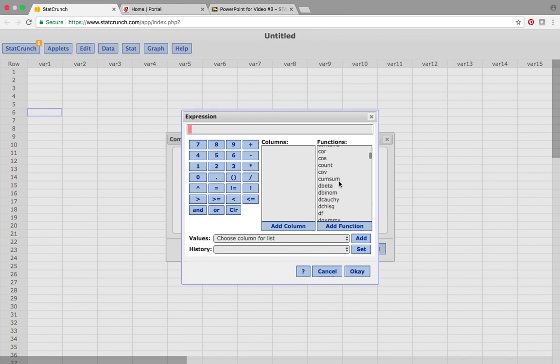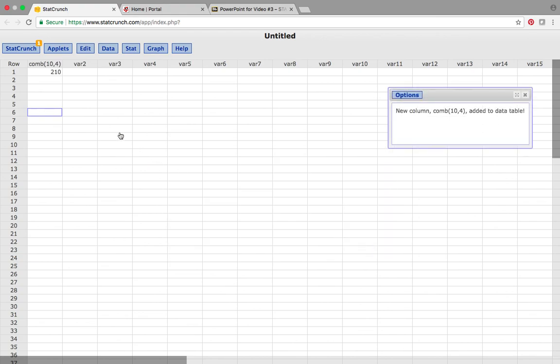So it's lowercase, so I'm going to choose that. Now, the first thing I put is the bigger number, and then I put the smaller number, and I need to actually delete that. So I have comb for combination, 10, 4, because I have 10 people that I'm selecting a committee of 4 from. Select OK, hit Compute, and my answer is 210.